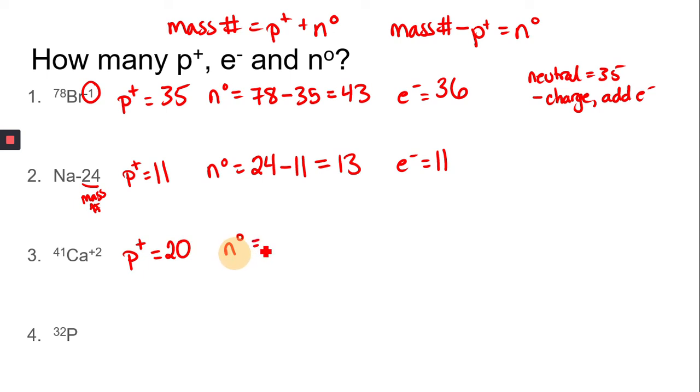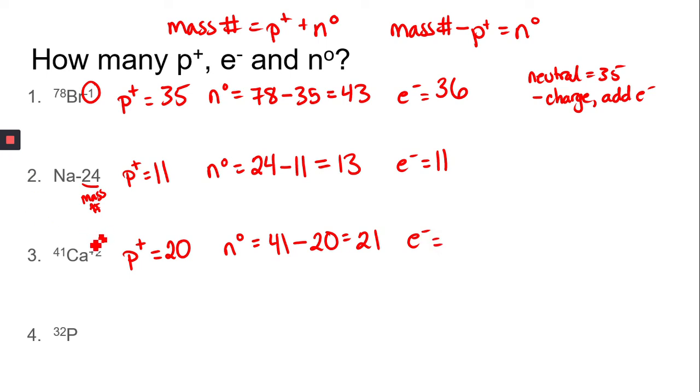To find the number of neutrons, we would say mass number, which is 41 from the upper left-hand corner, minus the number of protons, and that leaves us with 21 neutrons. To find the electrons, if it is neutral, it's the same as the protons.